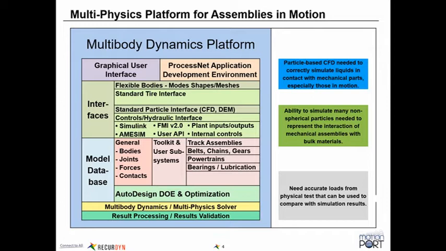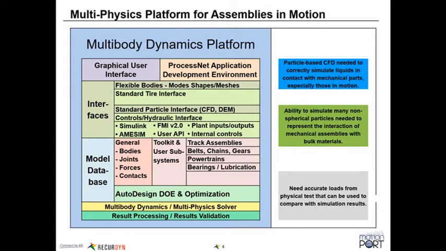And then the platform contains interfaces. We look at the flex bodies, being able to import mode shapes and meshes, having a standard tire interface to be able to work with third-party tire models. More recently, the standard particle interface that was introduced with V9R2, which supports the CFD and the DEM.